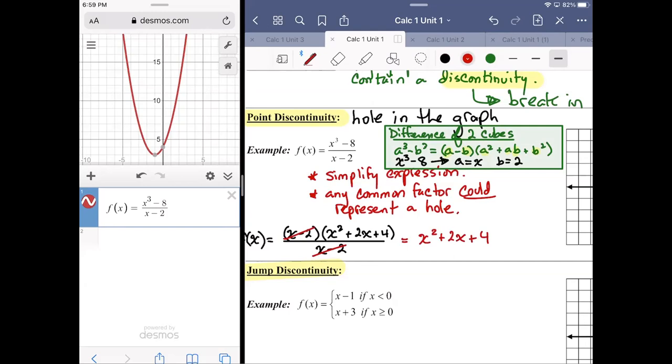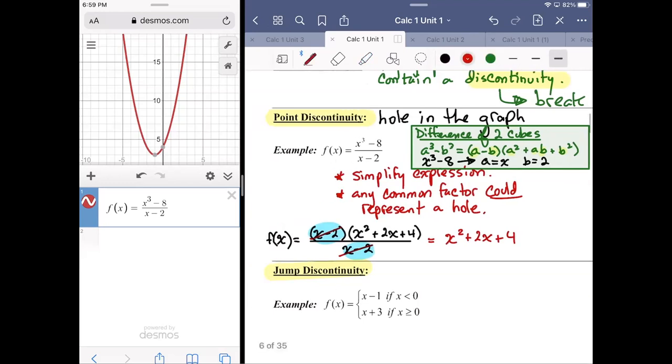All right, that common factor will no longer be relevant in my simplified function. This original function is undefined when x is equal to 2, I'm sorry, when the denominator is equal to 0.